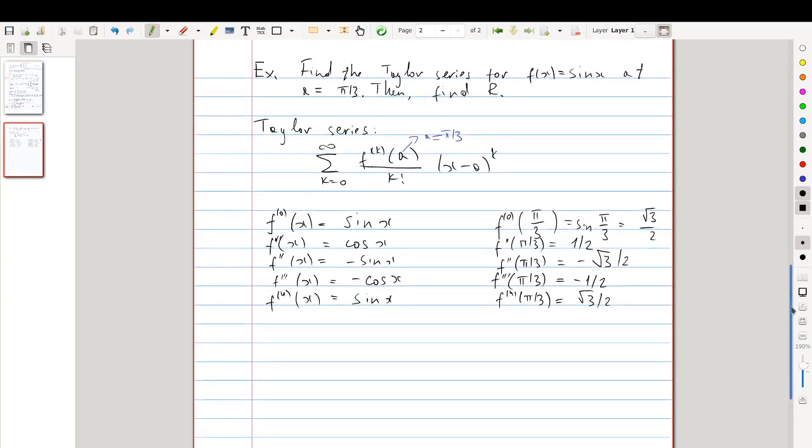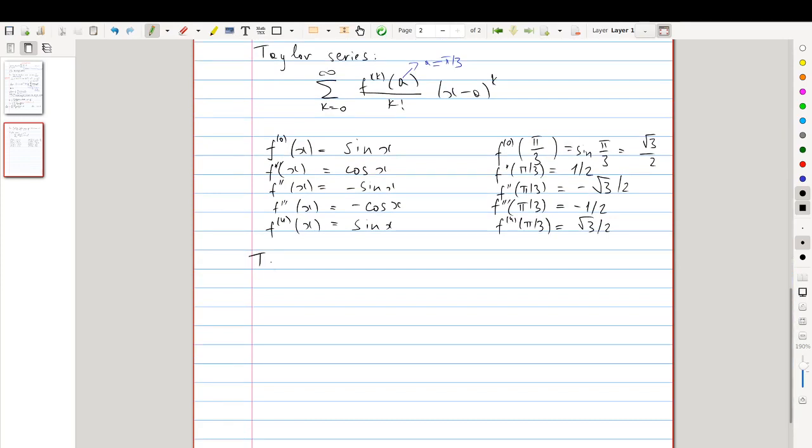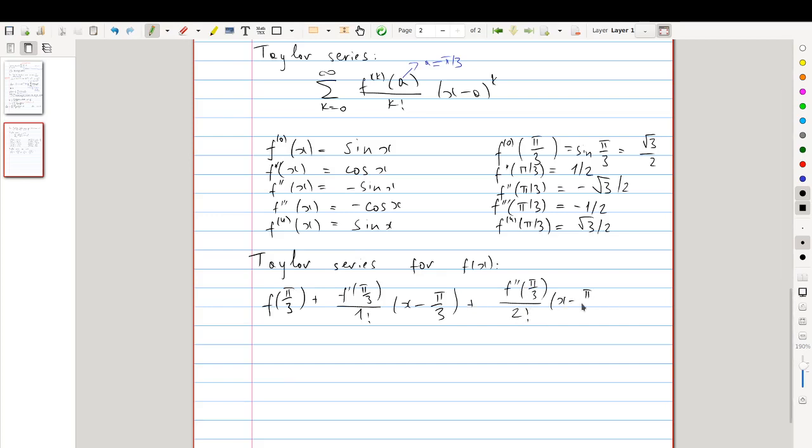Let us see what the series for f of x will look like. We will start off like this. First we will have the value of f at pi over 3, then the derivative at pi over 3 divided by 1 factorial times x minus a, in this case pi over 3, plus the second derivative at pi over 3 divided by 2 factorial and multiplied with x minus pi over 3 squared, and so on.